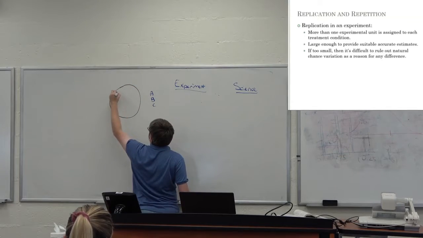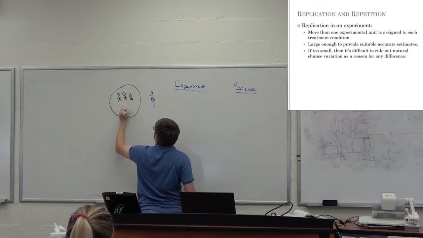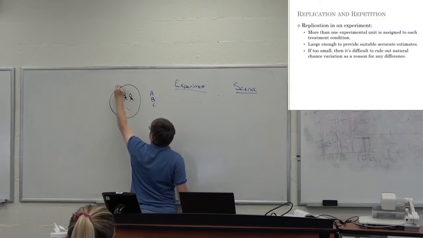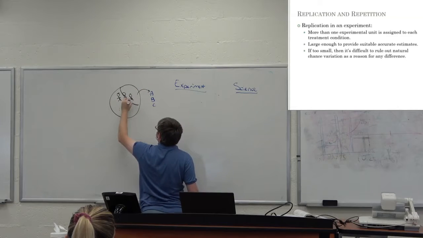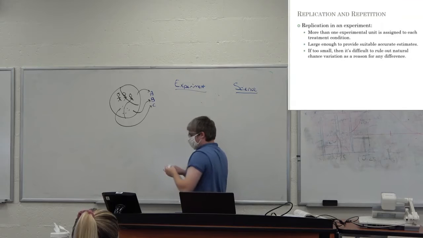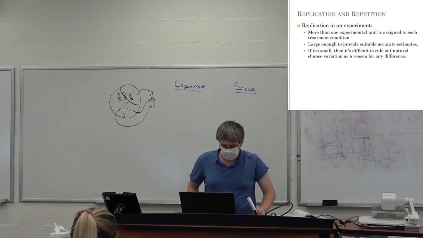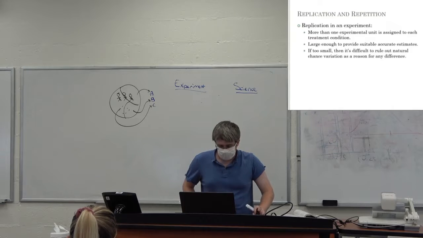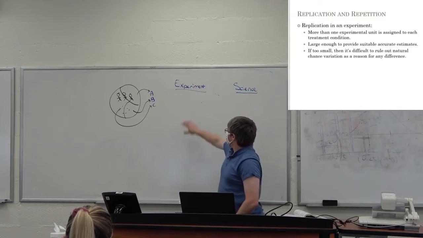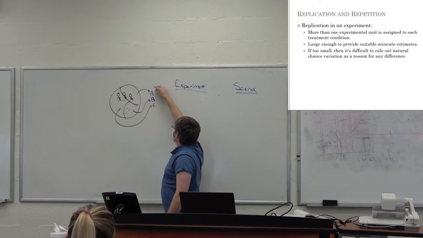Just say this is my sample of people. And then I get a small portion to go to A, a small portion to go to B, and then the rest of them being assigned to C. Or more than one experimental unit is assigned to each treatment. So we have multiple people being assigned to a treatment condition.